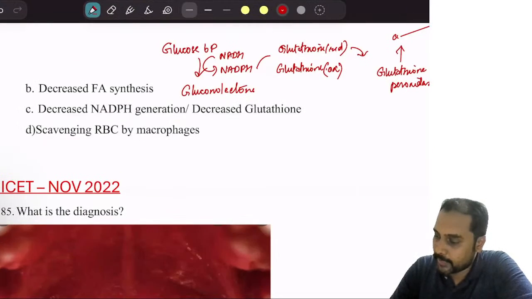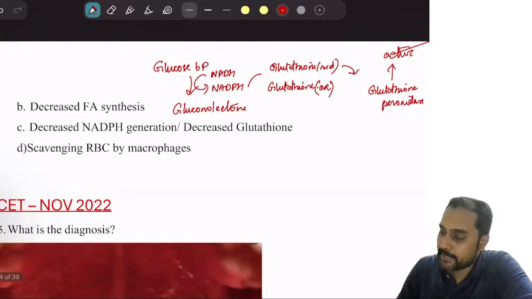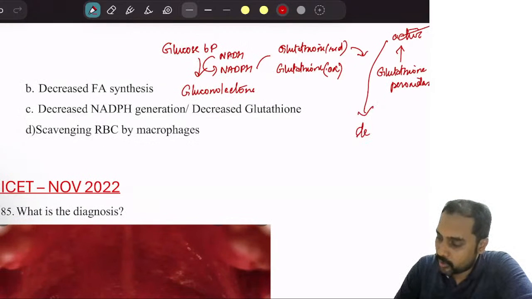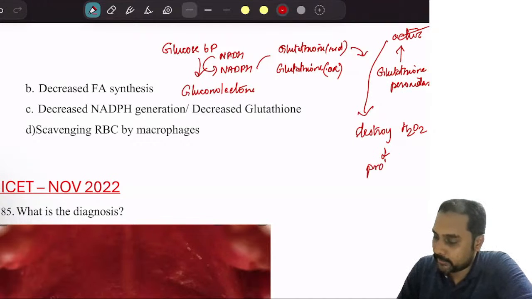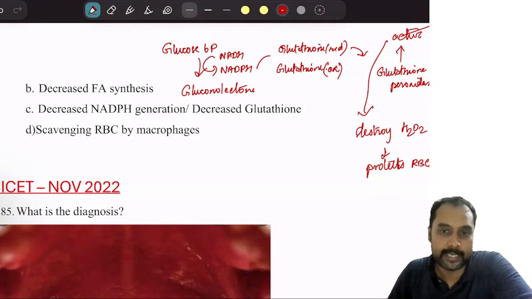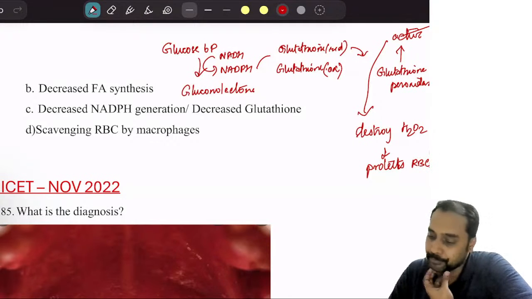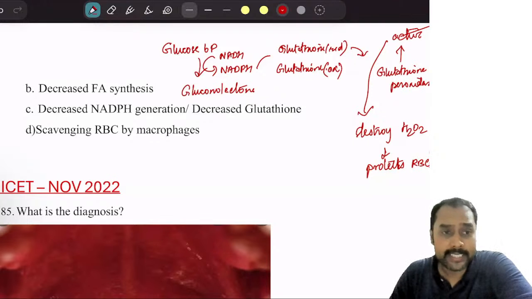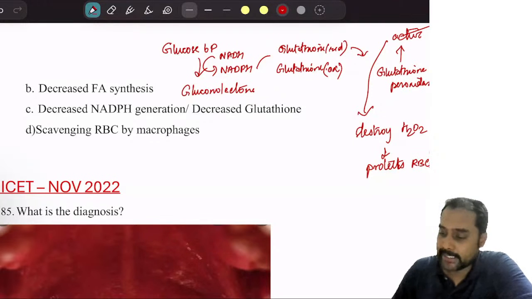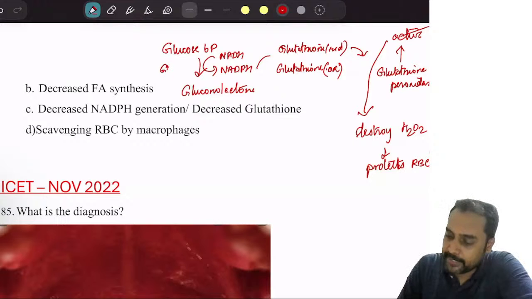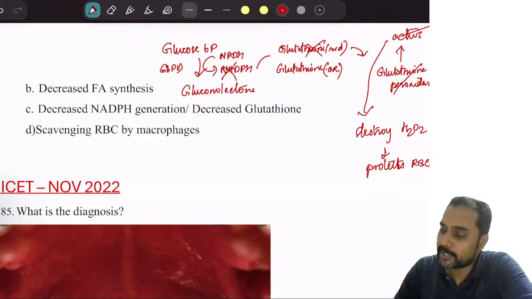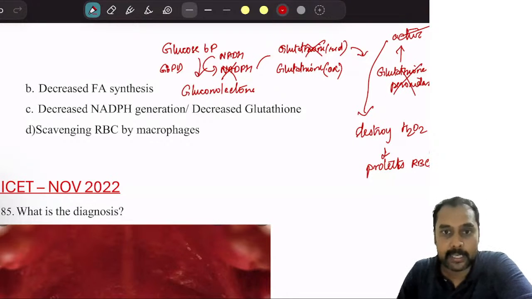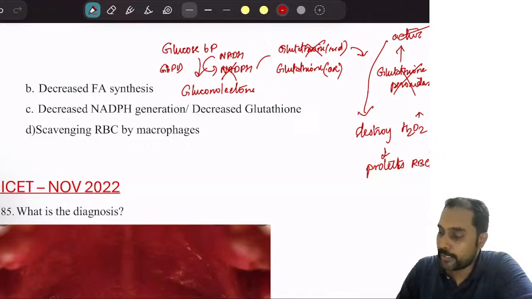So this will become active. Now, once it becomes active, this will destroy the peroxides. So it protects the RBCs. So what happens here is they are asking you G6PD deficiency causes all except. So when there is G6PD deficiency, there is no NADPH, there is no active glutathione, there is no glutathione peroxidase working, which means that H2O2 will increase.